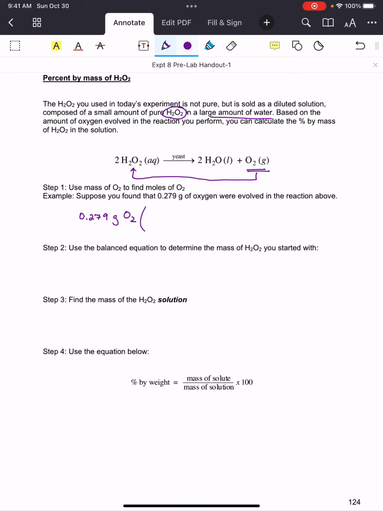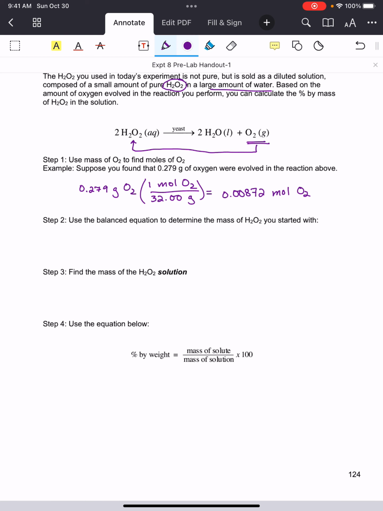So we know that 1 mole of oxygen has a mass of 32 grams. So this gives us 0.00872 moles of oxygen.